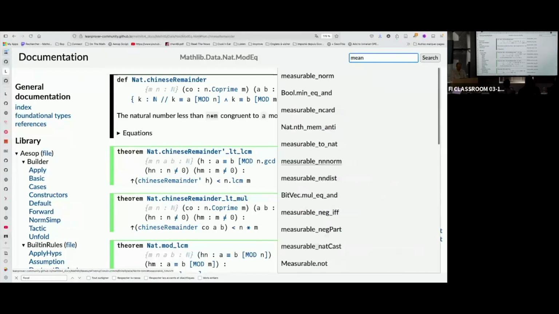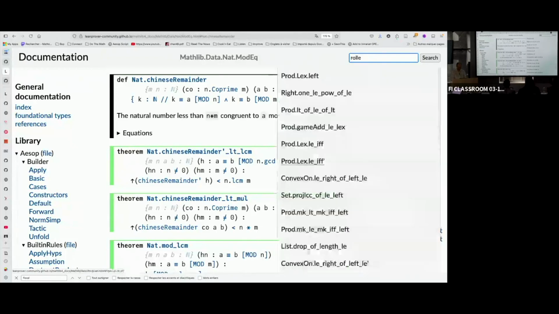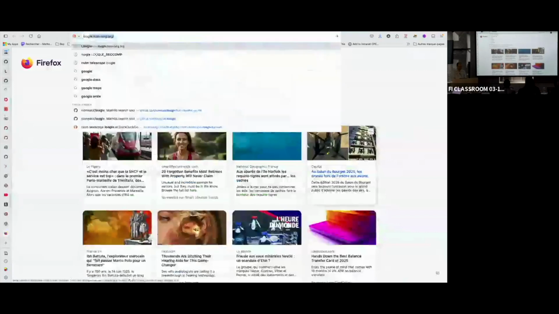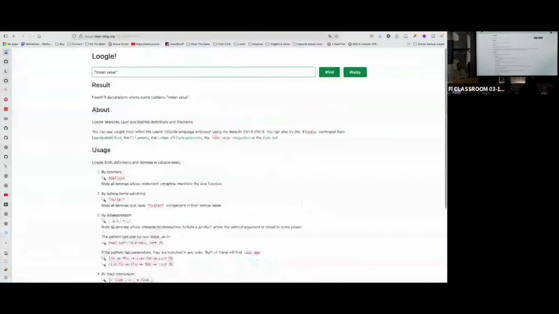So how is it called? So then we can go to Google, for example, things like that. Type, no, nothing like that.